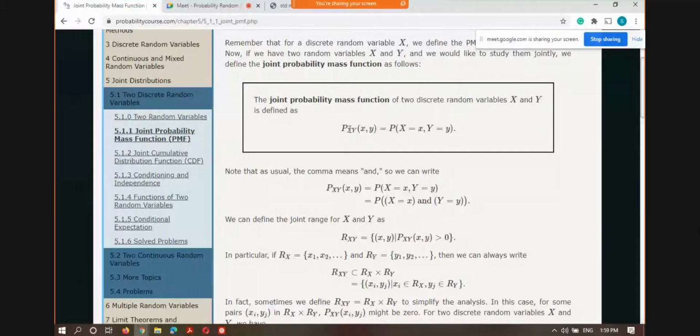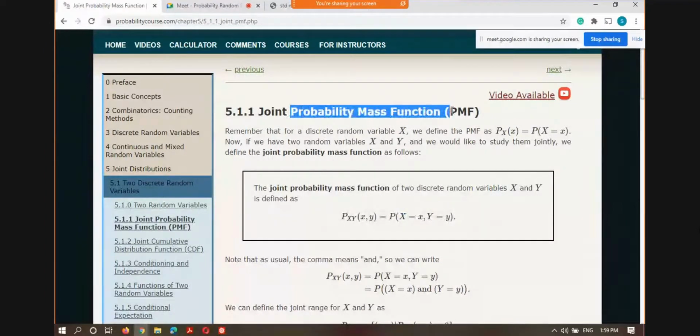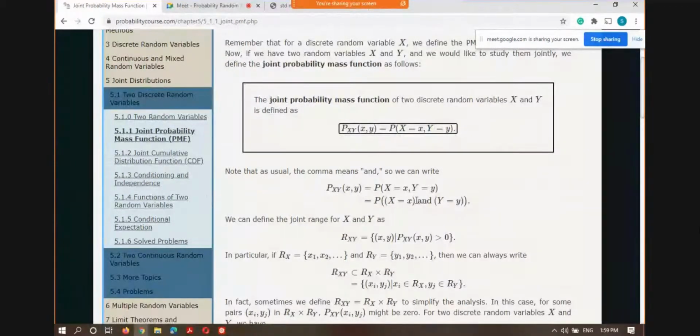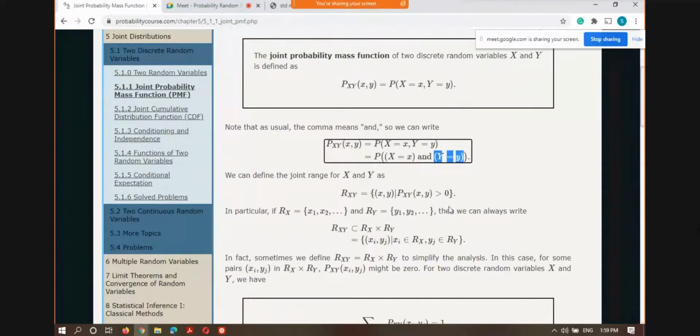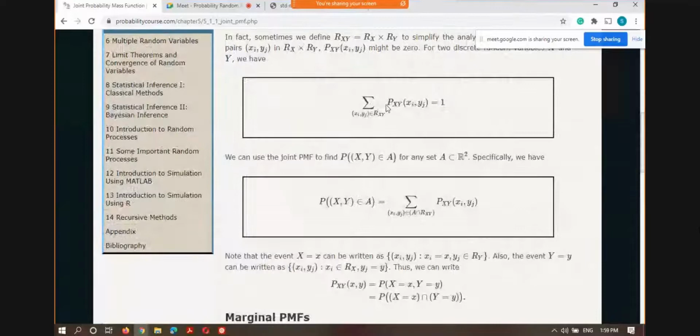The joint probability mass function is denoted by this, and this is a probability. Right now it is talking about the mass function, which means the random variable is of discrete kind, and for the discrete kind this is the joint probability mass function. And I told you this comma means the intersection of these two events. So this is the intersection, and whatever probability we get is the joint probability.